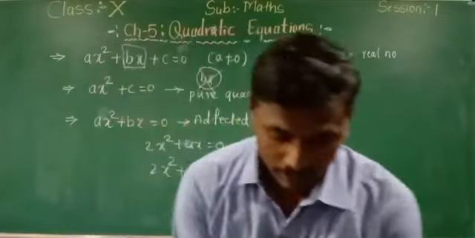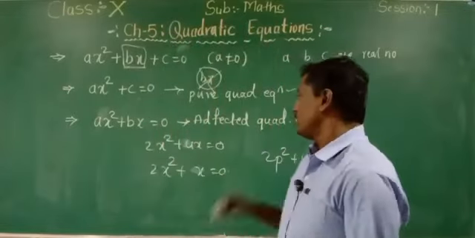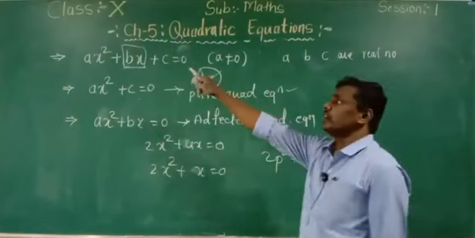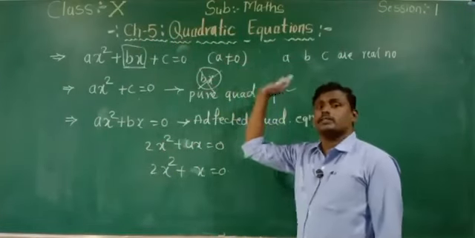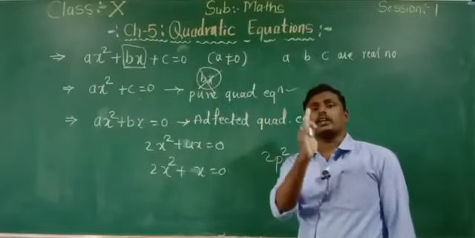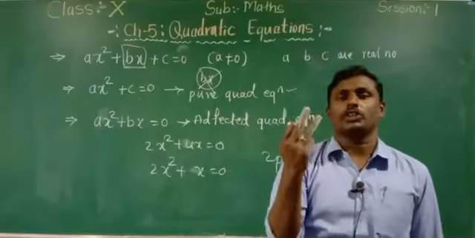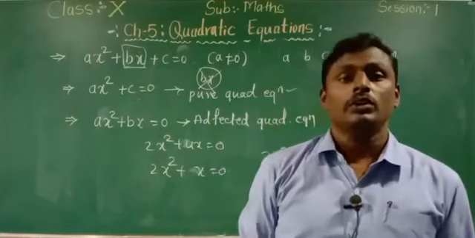Okay, so the standard form of the quadratic equation is ax square plus bx plus c is equal to 0, where a is not equal to 0 and each and every quadratic equation has two solutions. The highest exponential power of any quadratic equation is always equal to 2.